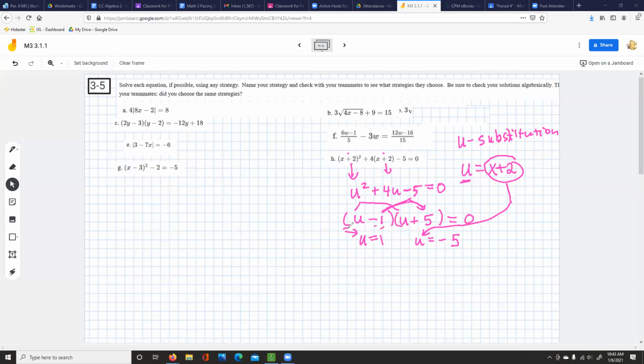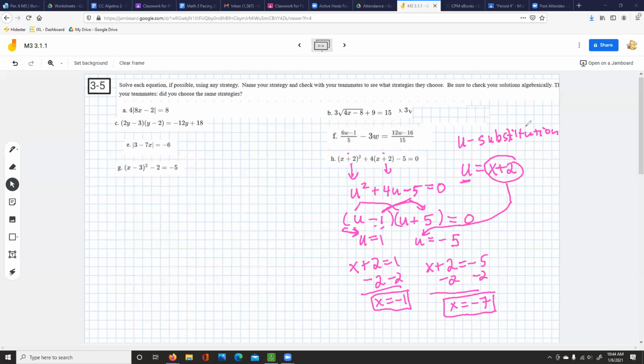So x plus 2 equals 1. x plus 2 equals -5. After I solved for u, I substitute the x back in because we actually want to solve for x. So now we minus 2: x equals -1, and minus 2: x equals -7.